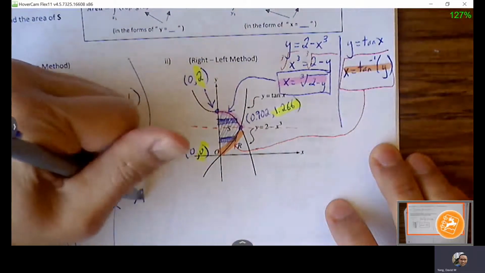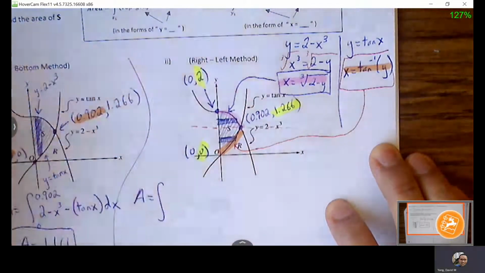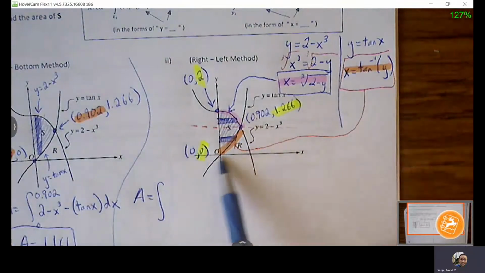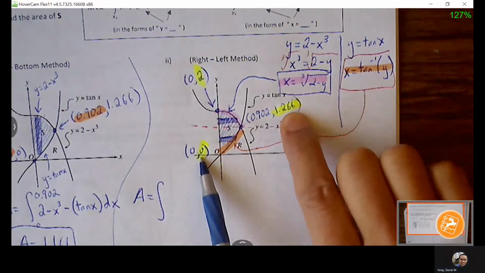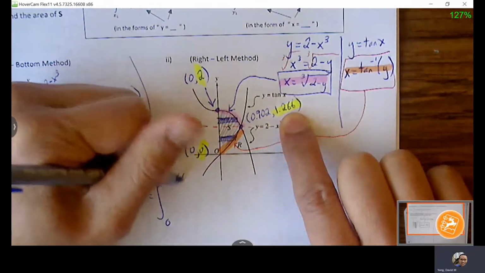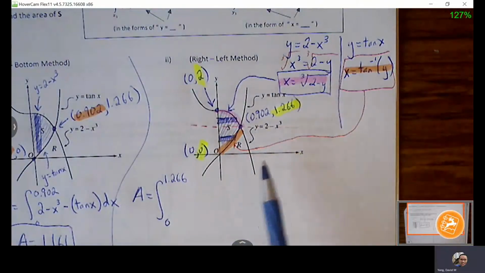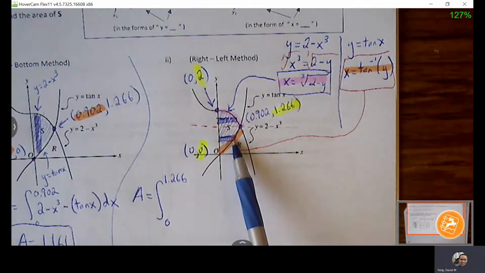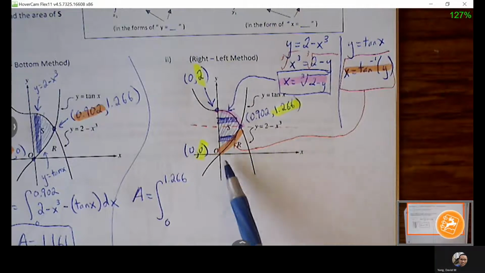Okay, so let's set up our area formula. Let's do the bottom region first. How would you set up the bottom region here? Bound is from 0 to 1.266, right minus left. What's the right endpoint of the rectangle touching? Which graph is this?